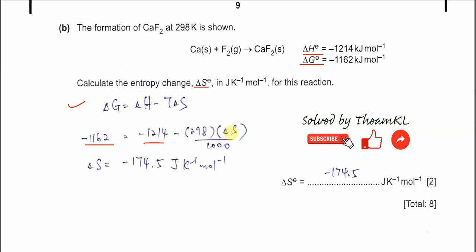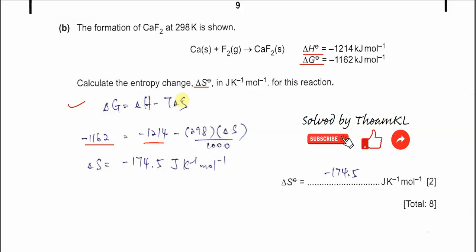Okay, so if you want to get the answer nicely, you need to make sure the 298 Kelvin is times delta S over 1000, because in the Gibbs equation, this Gibbs is kilojoules per mole, while the entropy is in joules per Kelvin per mole.